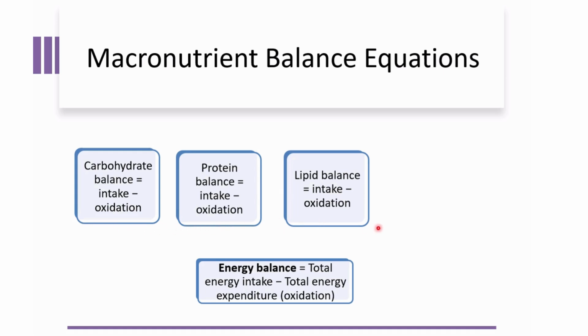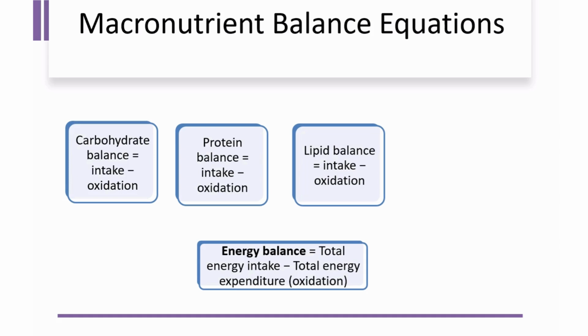This is the same for each macronutrient, and overall energy balance is equal to total energy intake minus total energy expenditure or oxidation, where energy intake is the calories obtained from the food that includes carbohydrates, lipids, fats, and alcohol, and energy expenditure is total oxidation of these macronutrients to meet the body's energy demands that includes basal metabolism, thermogenesis, and physical activity.